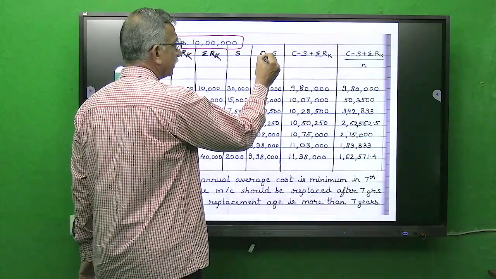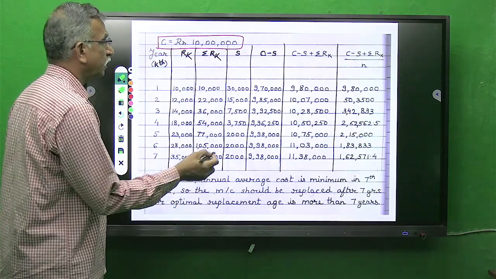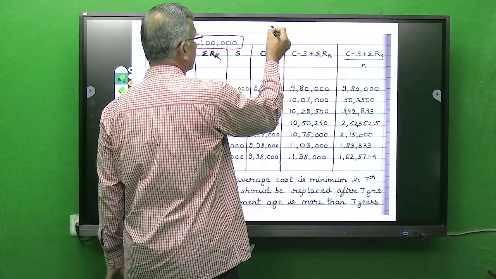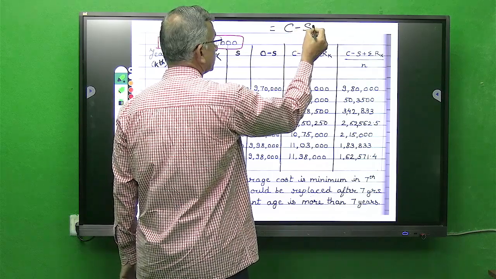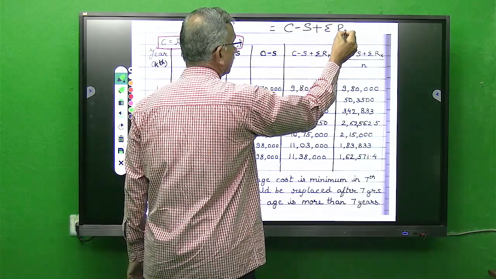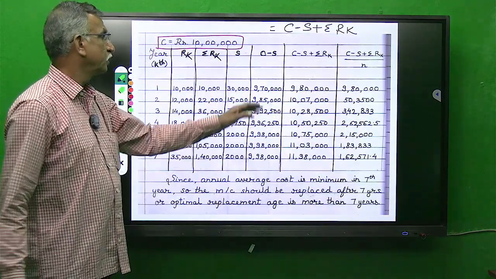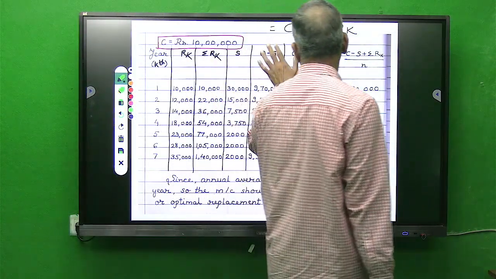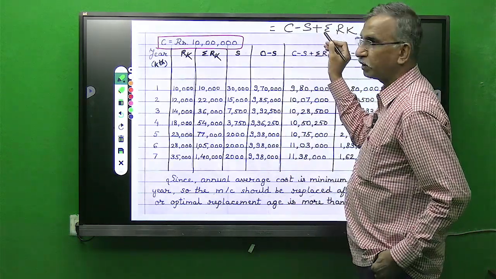Then step by step you can go C minus S first, because again the formula was equal to C minus S plus summation RK. That was the formula for total annual cost. So first calculation is of C minus S. You are ready with these two values of the formula.